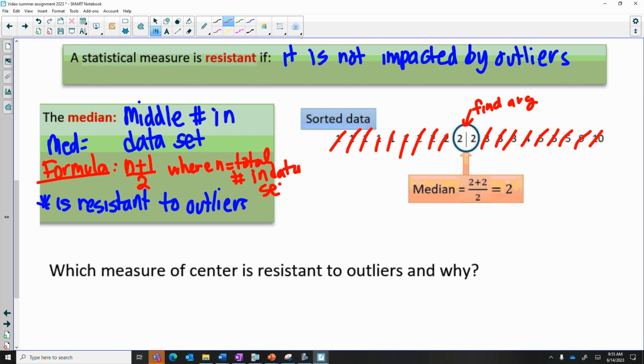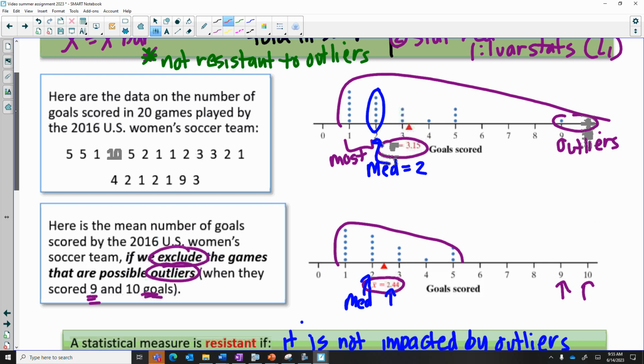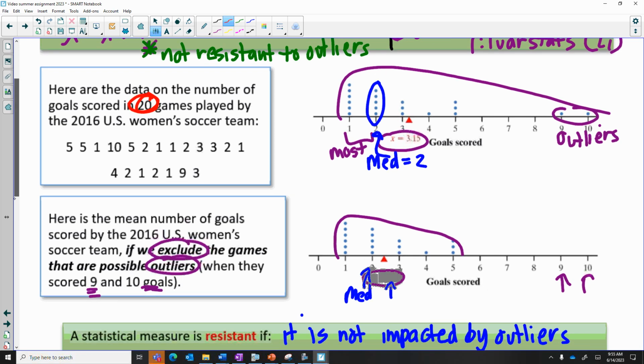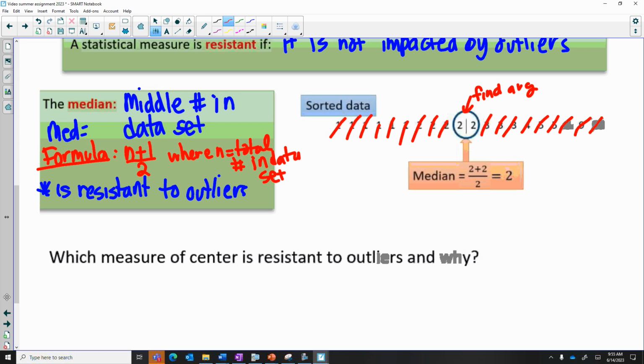Let me explain. So in the old one, when they had 20 games, before I removed the outliers, the n would be 20, okay? So I would have done n plus 1 over 2 to get the location of the median. I should say this is the location of the median, not the actual median. 20 plus 1 over 2 is 21 over 2, which is 10.5.